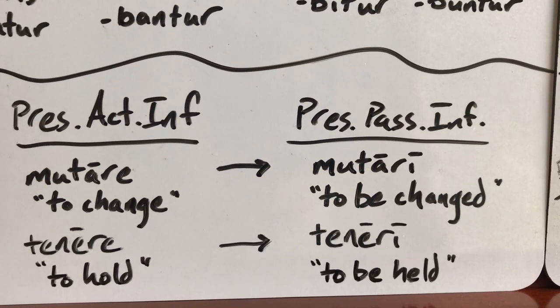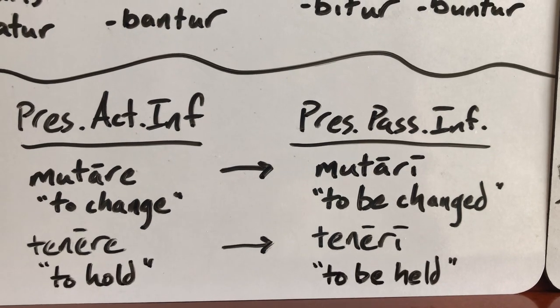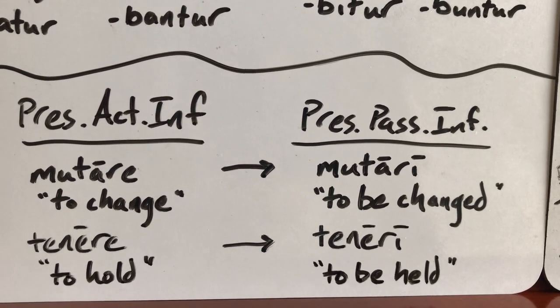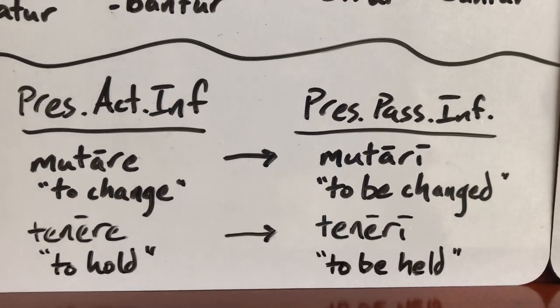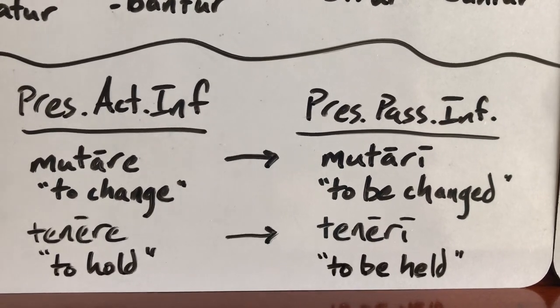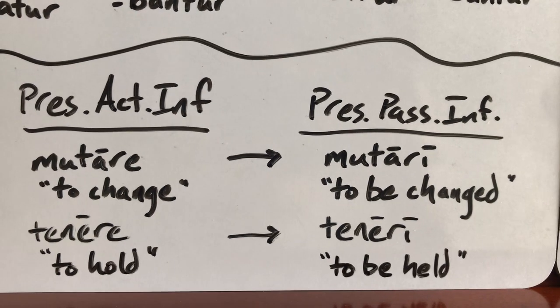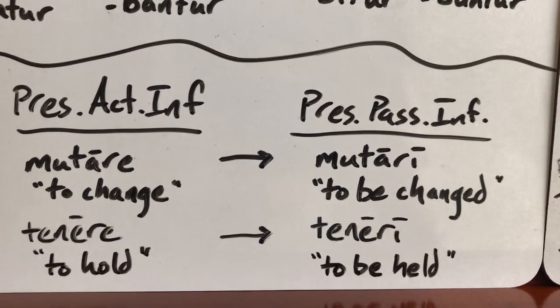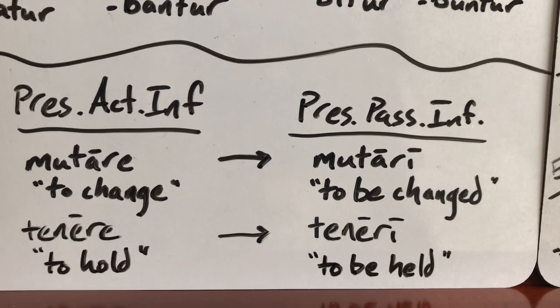And that is all you have to do to make a present active infinitive present passive. When you translate it, it's still going to start with "to," but instead of "to change," it's going to be "to be changed." Instead of "to hold," it's going to be "to be held."